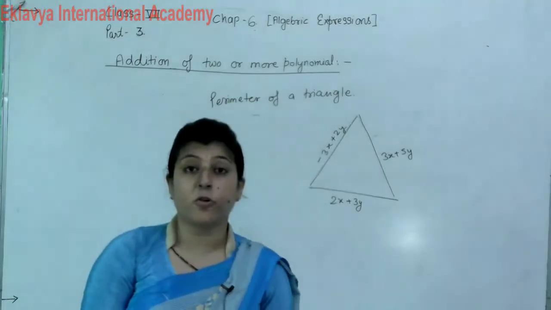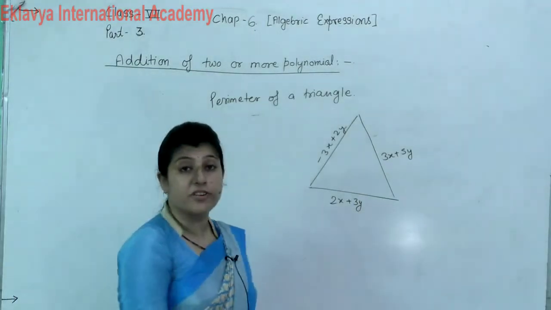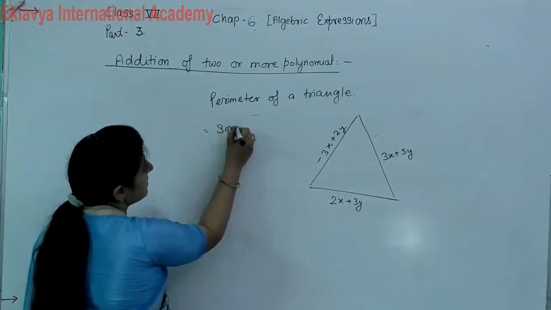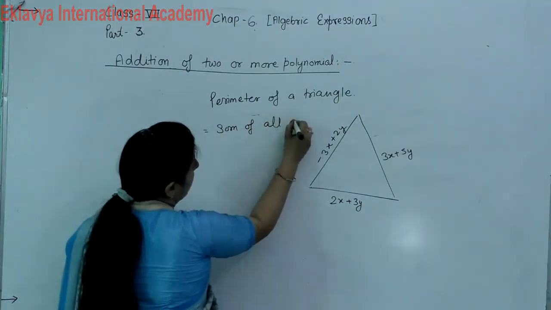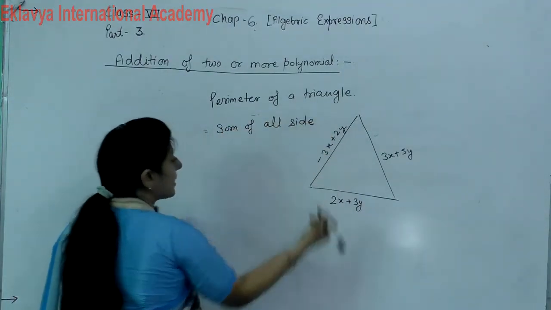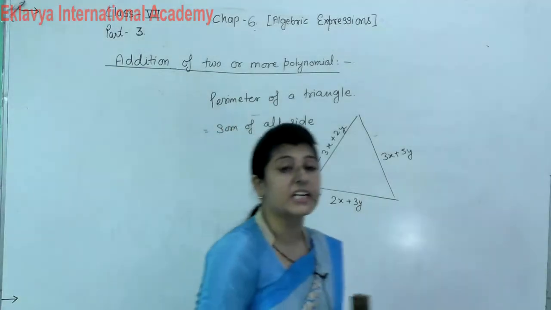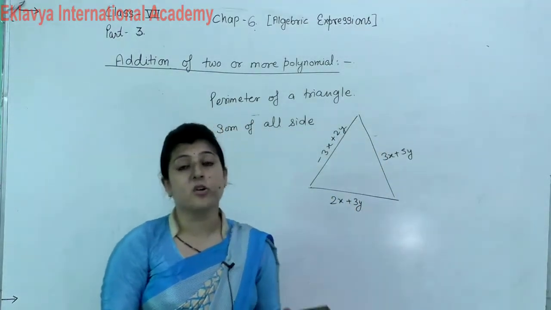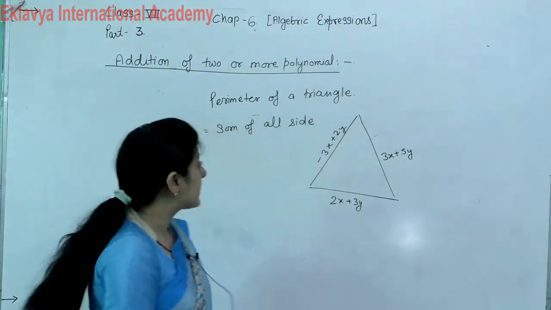Firstly we have to know what the perimeter of a triangle is. Perimeter of a triangle is equal to the sum of all sides. Perimeter of a rectangle, triangle, any quadrilateral, any geometrical figure is always the sum of all sides.